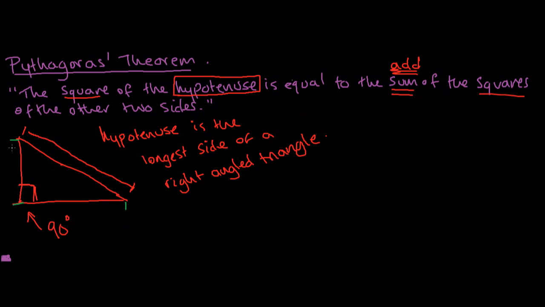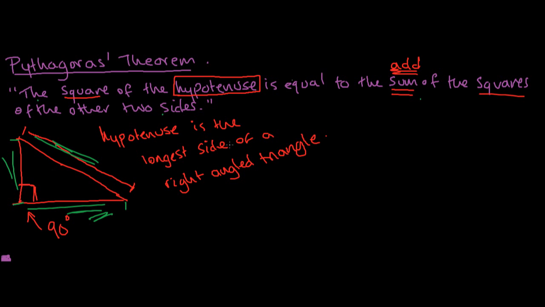So say you had the length of this side and the length of this side, you could calculate this side. Or vice versa, if you had this side and this side, you can calculate that side. If you had that side and that side, you can calculate that side. Okay?